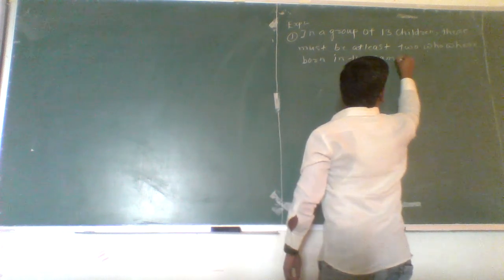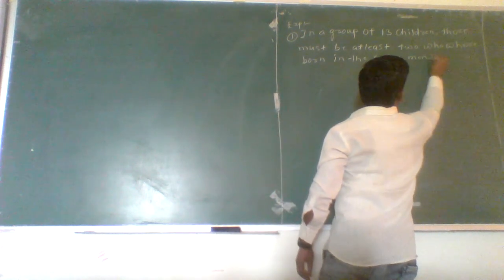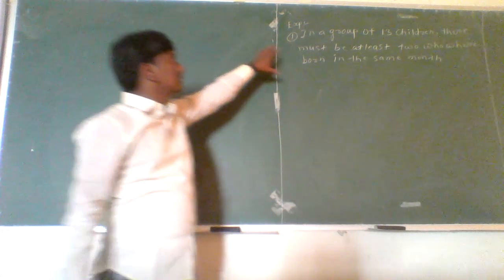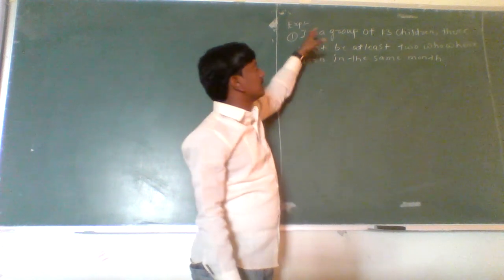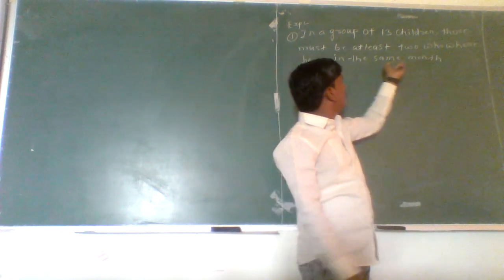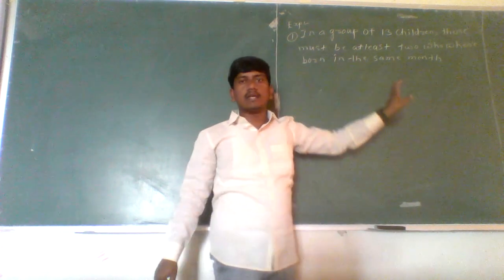Here we are given that there are 13 children. We have to prove that out of these 13 children, there must be at least two children who were born in the same month.